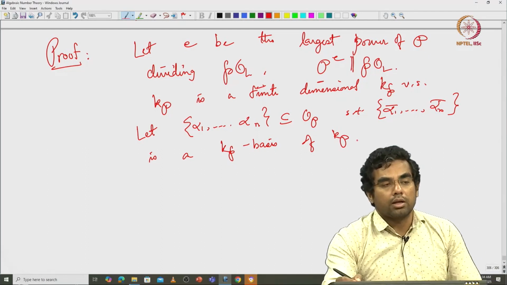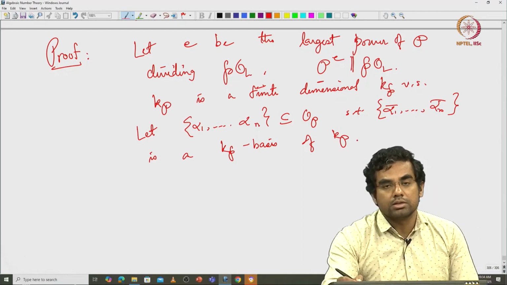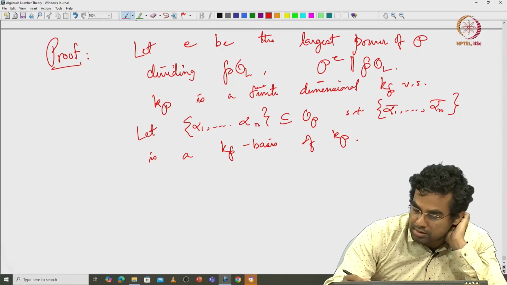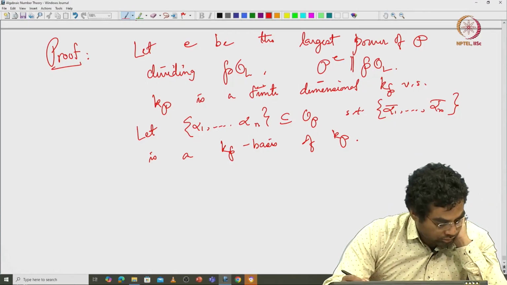I can always do that. I can take any basis of K_P and I can lift it to elements of O_P, and that is how I get these elements.